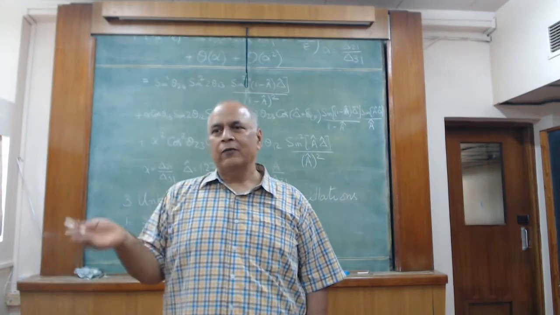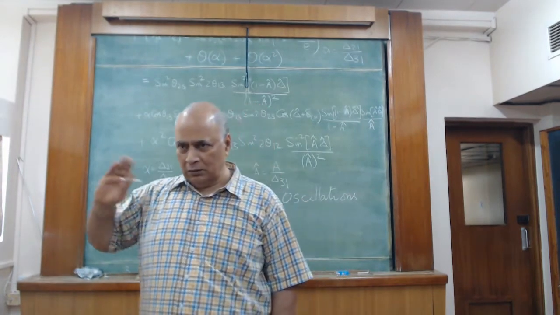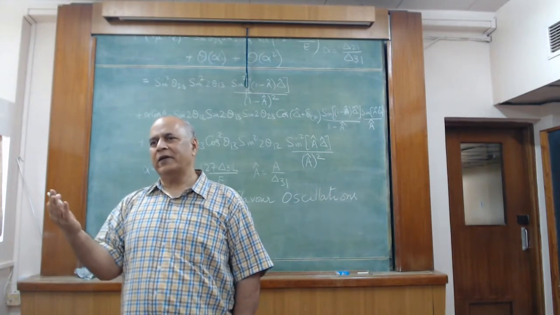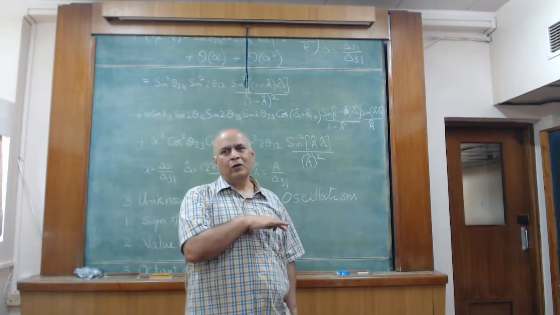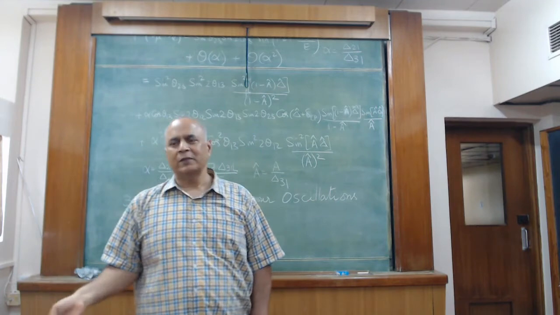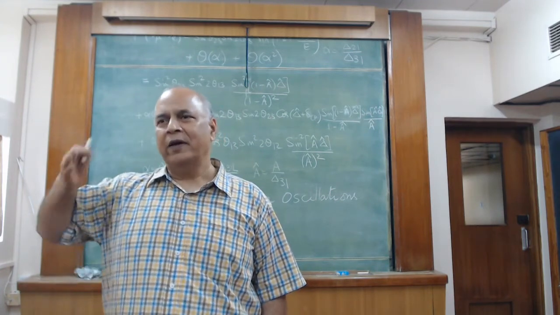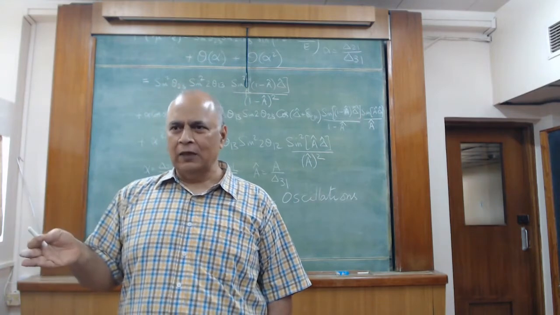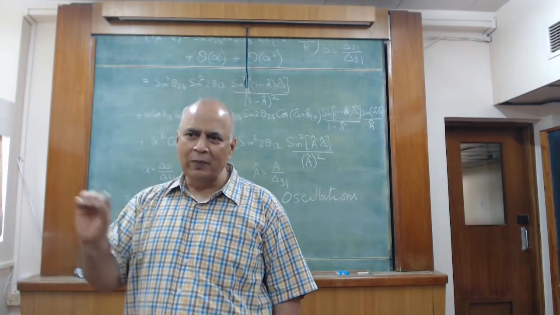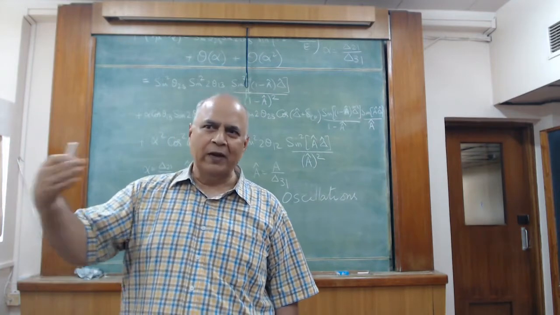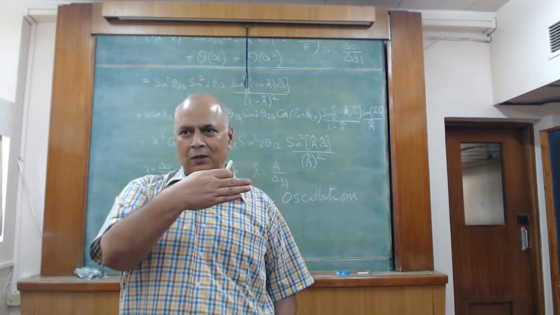And from the point of view of theory also, it is important because there are some discrete symmetries which predict it to be larger, some discrete symmetries which predict it to be smaller. Or if the symmetry predicts it to be exactly 45 degrees, then presumably there are some radiative corrections which will make it move away from 45.